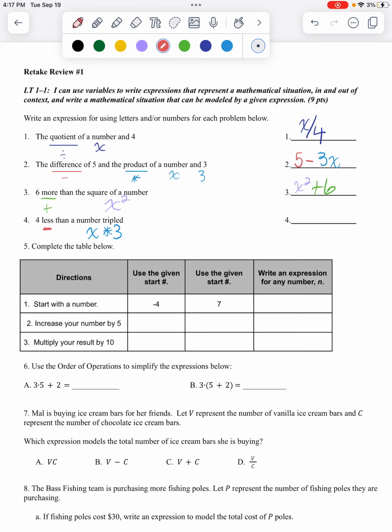So if it's 4 less, it's really saying minus 4. It's not saying 4 minus the number, right? And so that's when a word like less might be confusing. So even though the 4 comes before the less, the correct way to write this would be 3x minus 4. Because 4 less is telling you to subtract 4 from whatever comes after it.